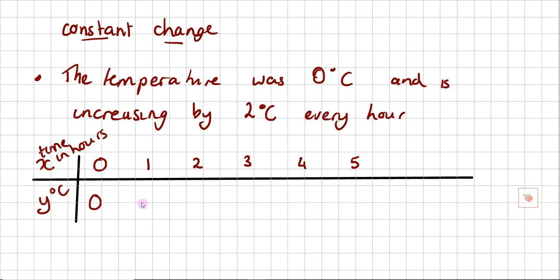What's the temperature after 1 hour? 2. After 2 hours? 4, 6, 8, 10. Okay. So it is constantly changing by 2. It is constantly going up by 2.